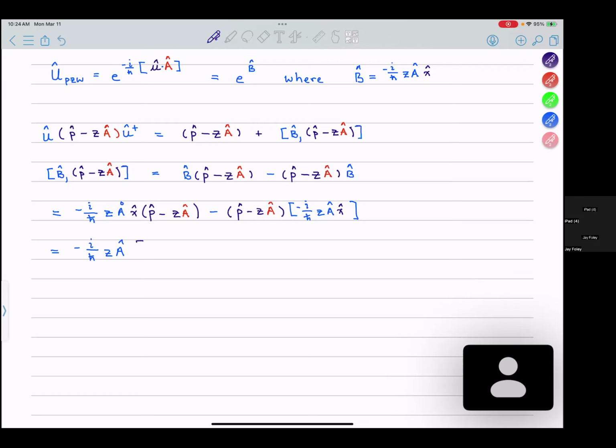And then I'm going to have open parentheses, x hat, p hat minus z a hat, minus p hat minus z a hat, x hat.